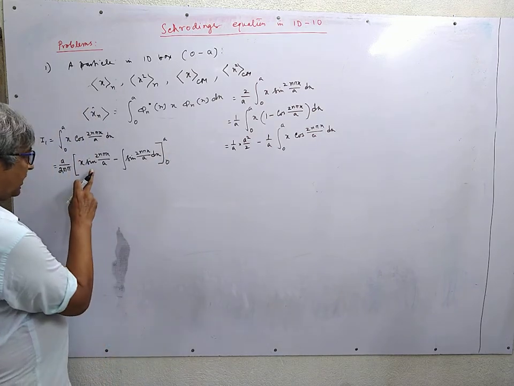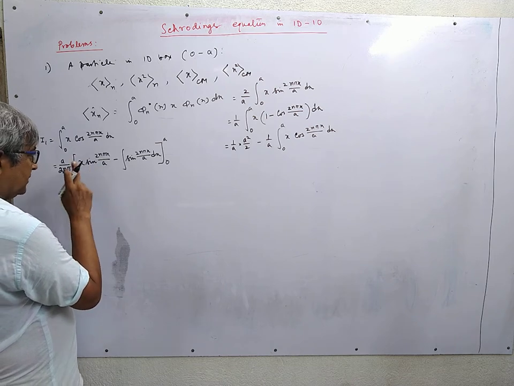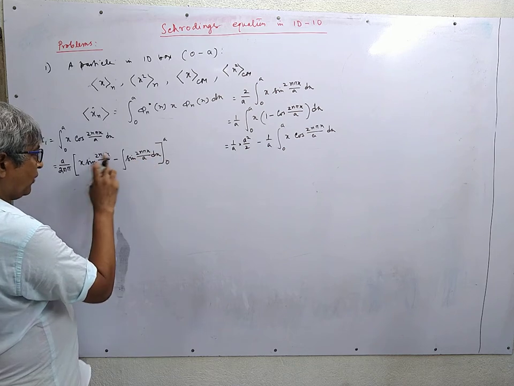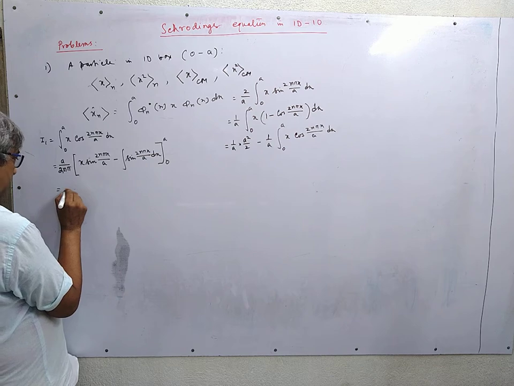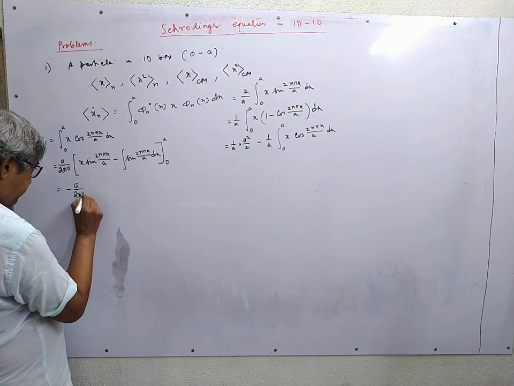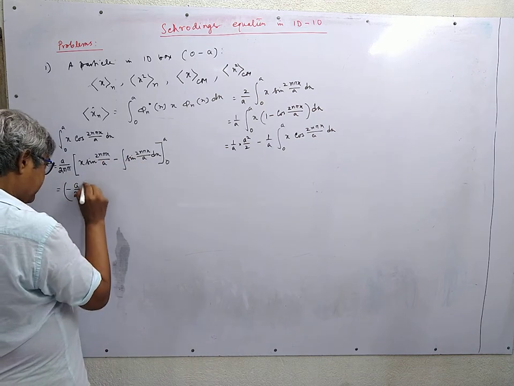This is 0 in both the lower and upper limits, because in the lower limit it is 0 because sine of 0, and in the upper limit it is sine of 2n pi, so it is 0. So we have minus a upon 2n pi, this factor, and when we integrate it again we get the same factor.